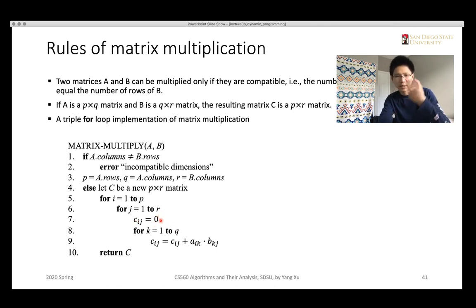And how do we get the new element at position i, j? It is done by some accumulative summation, which we compute using a third for loop.